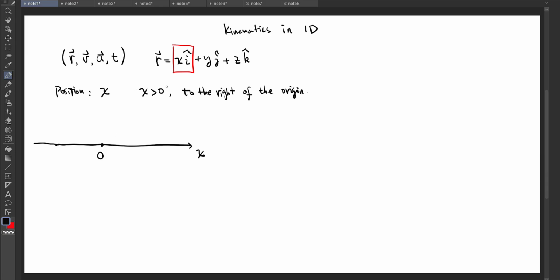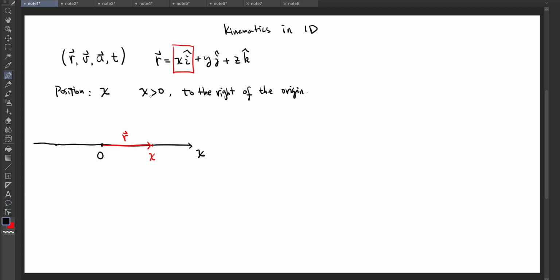If x is positive, that means that the object is to the right side of the origin. And if you want to draw an arrow for this object's position, it would be just like that. That's the position we previously called r, the position vector r.